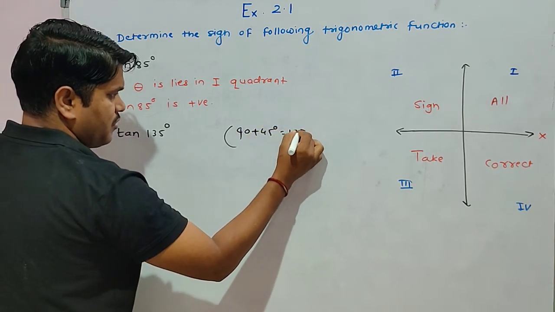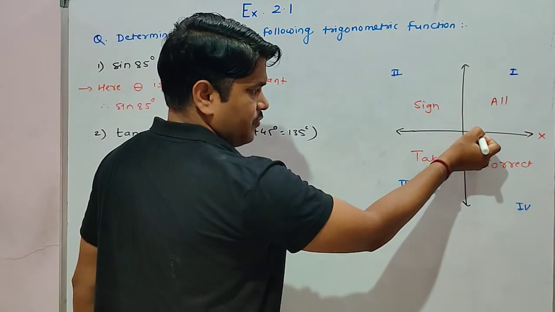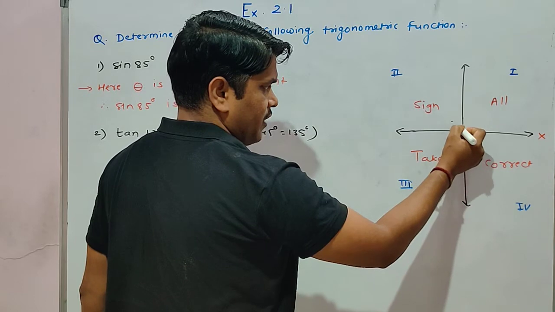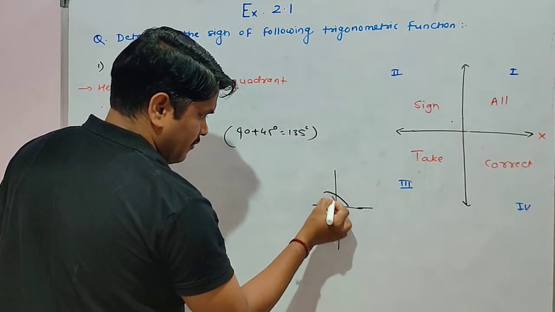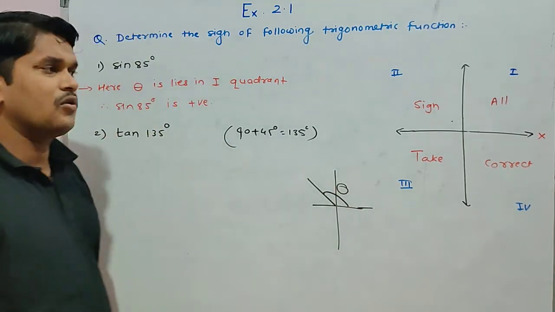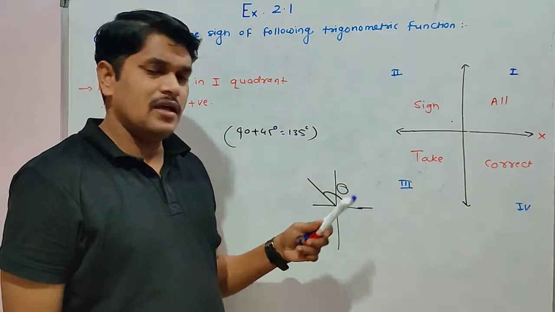Suppose we are starting from here, so we have 90 degree and then 45. So this theta lies in which quadrant? The second quadrant.